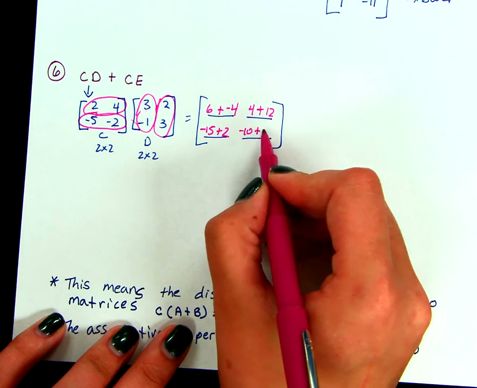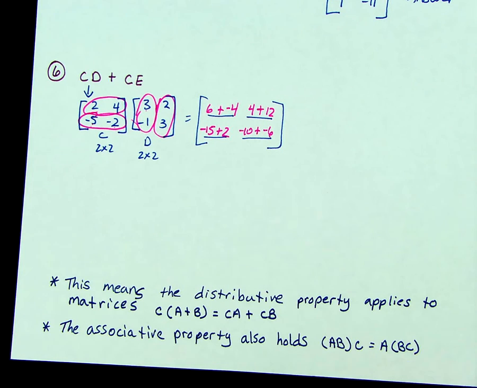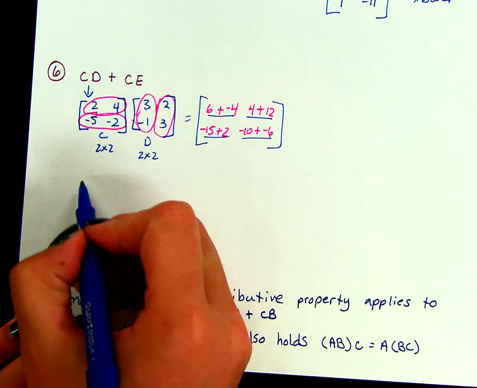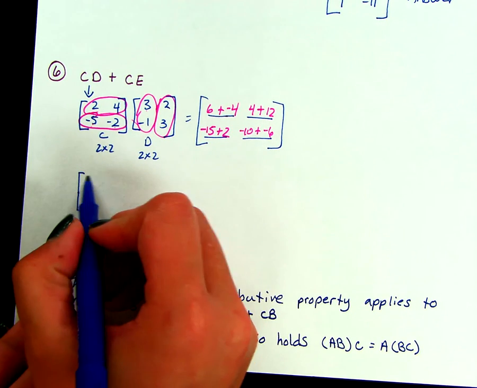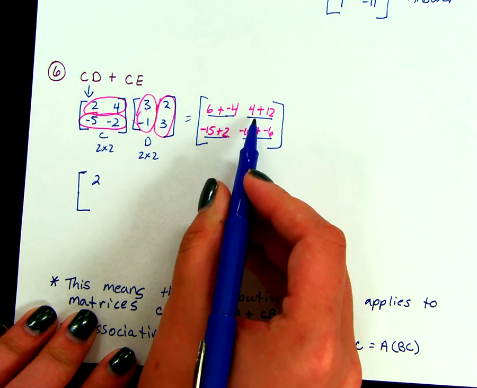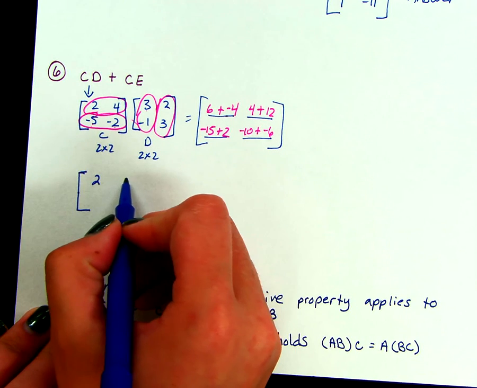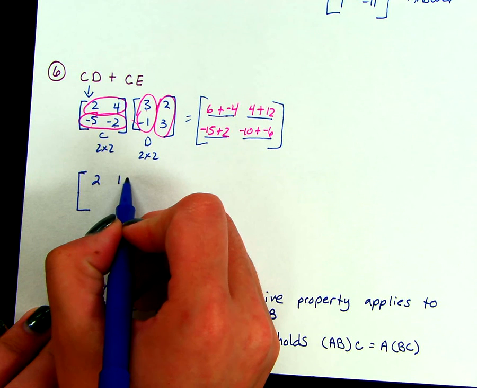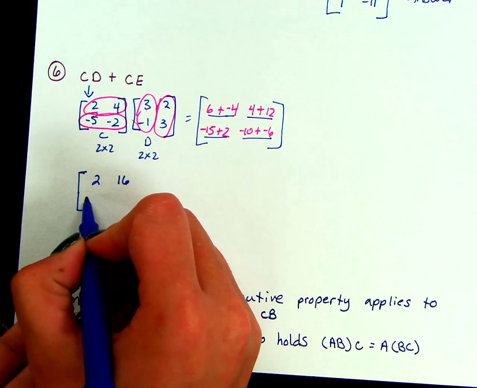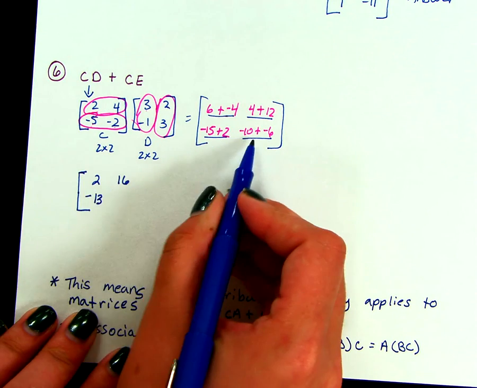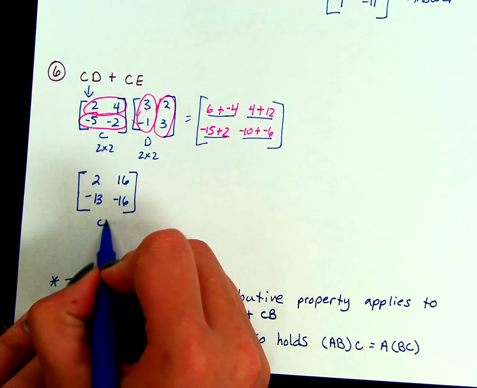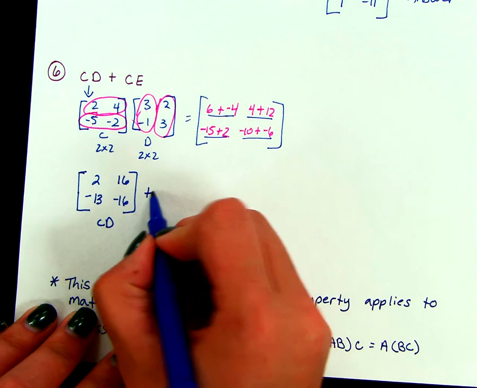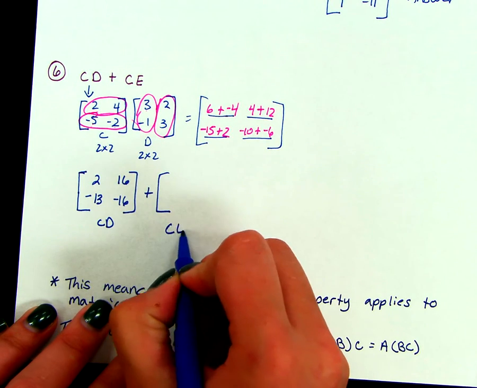And -2 times 3 is -6. So I'm going to simplify that one. So 6 plus -4 is 2. And then 4 plus 12 is 16. Negative 5 plus 2 is negative 13, and negative 16. Okay, so remember this was C times D. And then we're going to add that to whatever we get for C times E.